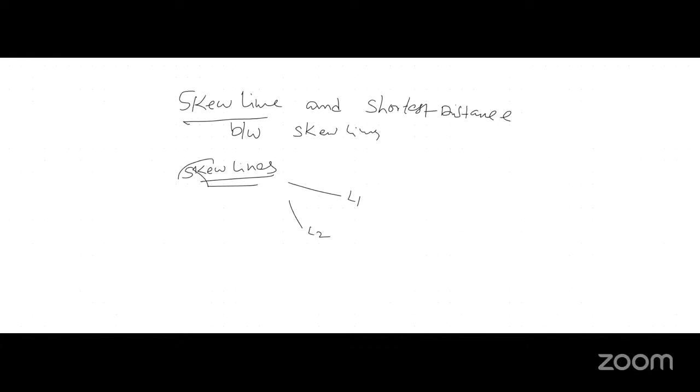So that is skew lines. Okay. Now here, the important thing is we need to find the distance between these two skew lines, the shortest distance.